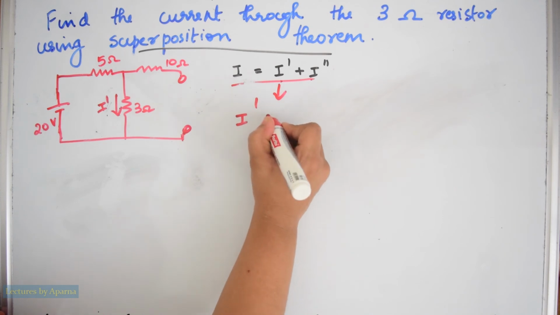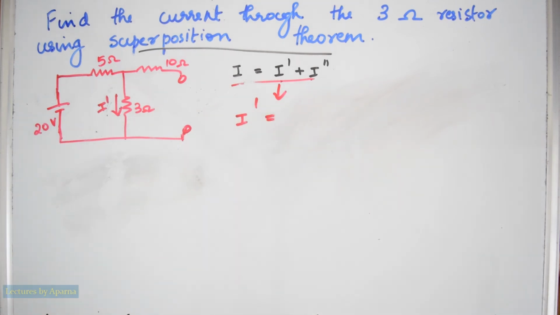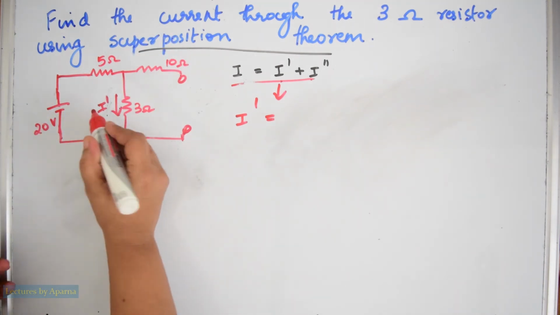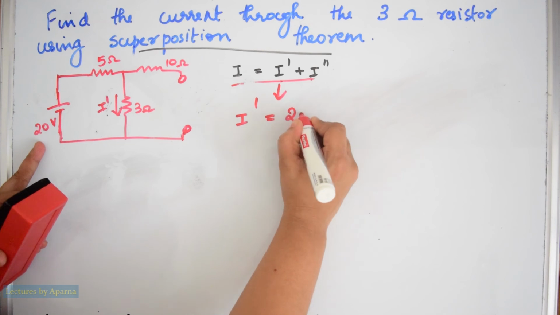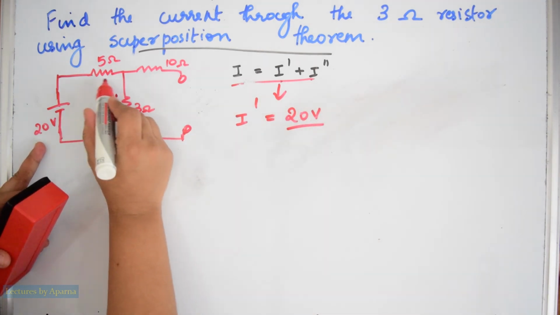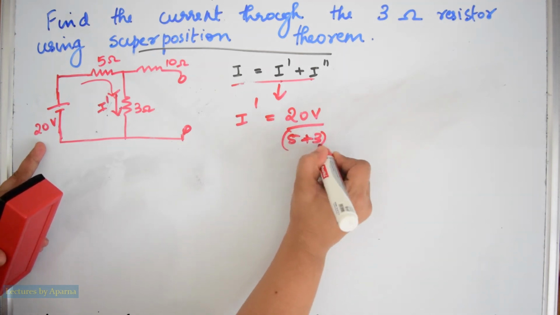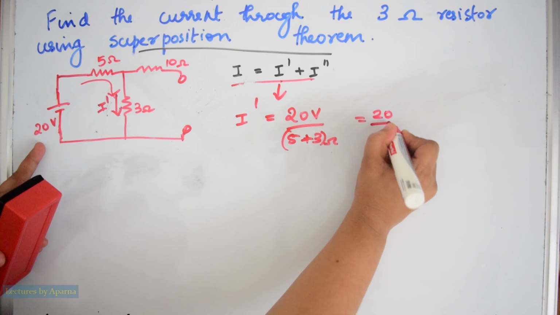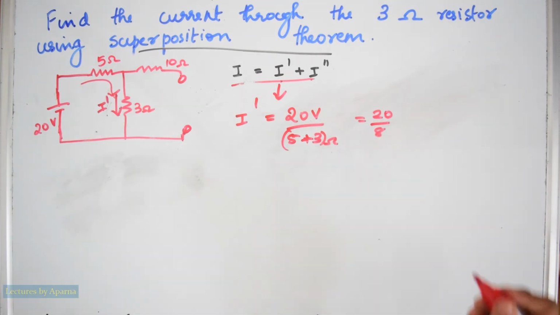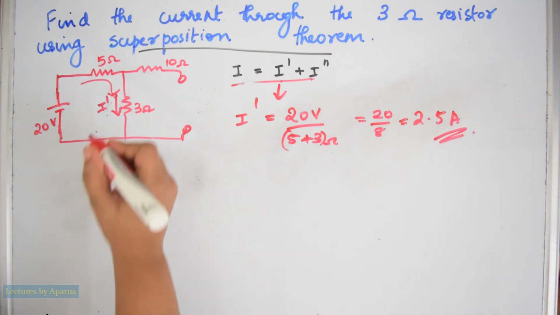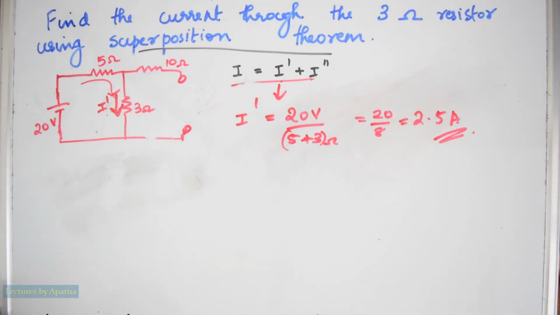We don't have to consider this part, only this circuit will be there. The current will be the total voltage 20 volt divided by the total resistance, 5 plus 3 ohm. This equals 20 divided by 8, which is 2.5 ampere. In this case the current direction is like this, so we can consider it positive.